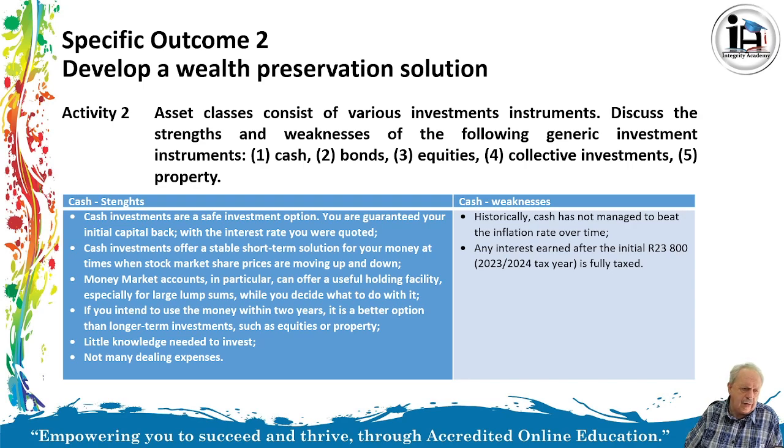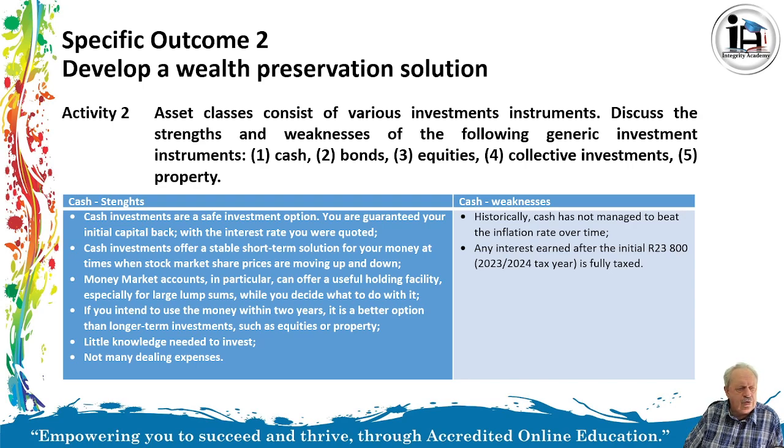You are guaranteed that your initial capital will be paid back with the interest rate that you were quoted. Cash investments offer a stable short-term solution for your money at times when stock market share prices are moving up and down. Money market accounts in particular can offer a useful holding facility, especially for large lump sums while you decide what to do with your money.